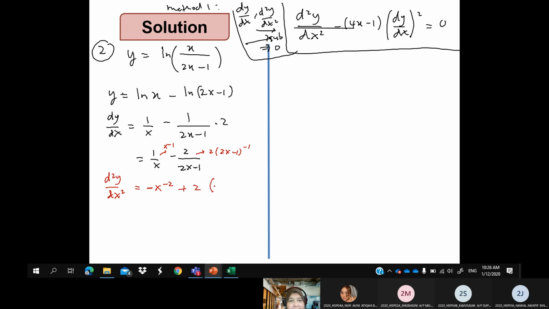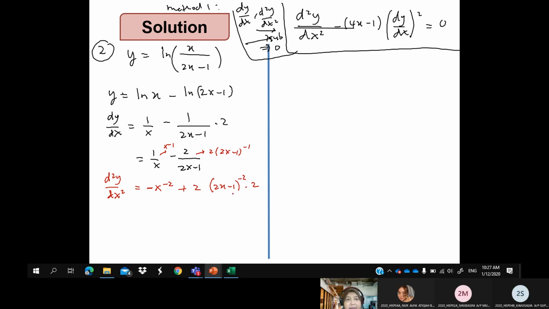This one minus positive: 2x minus 1 to the negative 2, then 2. Just differentiate directly. Then next step, just adjust. Plus 4 over 2x minus 1 squared. Quite tough, but it's okay. Go with the flow. This one is done, settled.